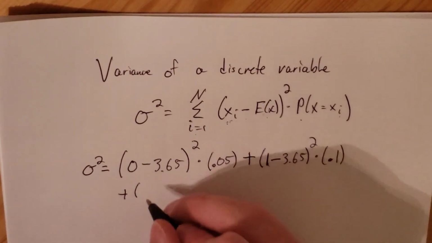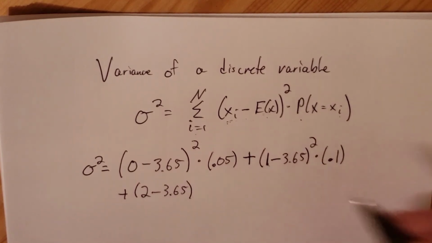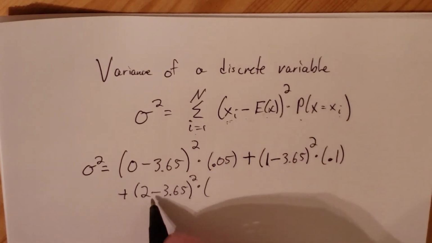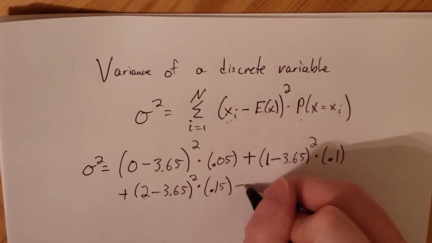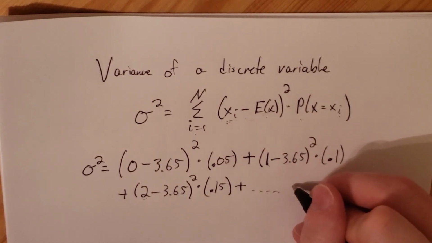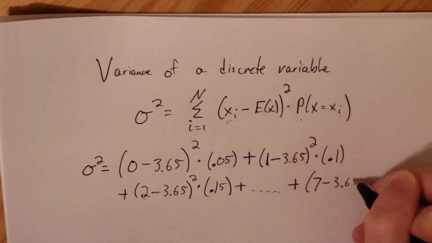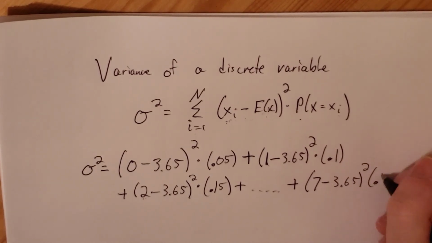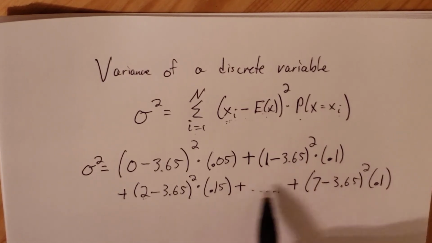Plus, and we go to the next one, which is 2 minus the expected value, quantity squared, times the probability of 2, and that was 0.15, plus, and we keep doing this until we get to the very end, where we had 7 minus 3.65, quantity squared, times the probability of 7, which was 0.1. And again, I skipped over writing out all of the stuff because they were taking a little bit longer, but we also had 3, 4, 5, and 6 in here.